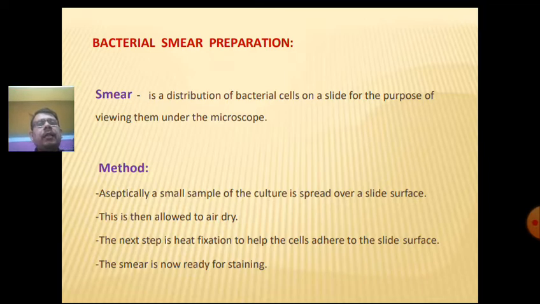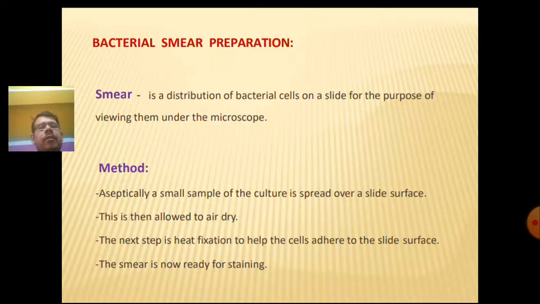It is done aseptically, that means the room where the smear is prepared must be in aseptic condition, totally free from microorganisms to prevent contamination. Aseptically, a small sample of the culture is spread over the slide surface. This is allowed to air dry, or mild heat is applied to dry it.